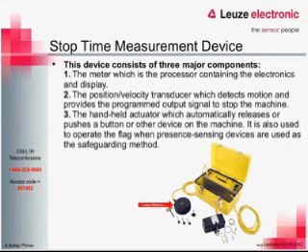Or it can also be used to operate a flag when you're using a presence sensing device, such as a light curtain or a rotoscan. And it will stick the flag into the sensing field, triggering a machine stop. The string pot encoder will be placed on whatever the movement of the machine is you're going to test, whether it's a turning spindle or a hydraulic cylinder, anything like that.